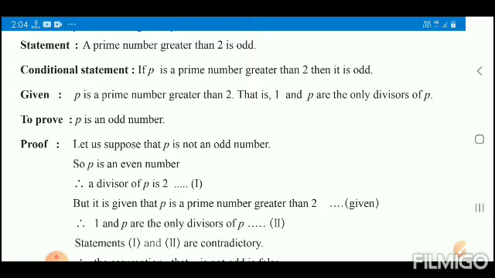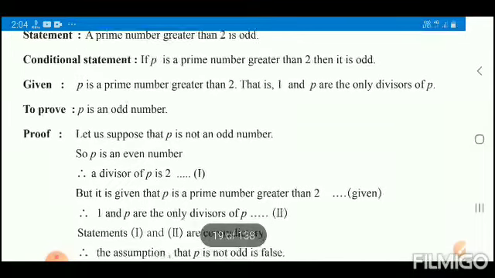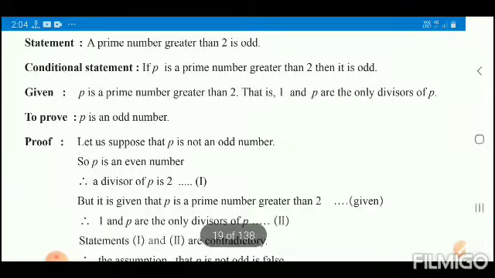Now the conditional statement is: we take any prime number, denoted by the small letter p. If p is a prime number greater than 2, then it is odd. That is your conditional statement.